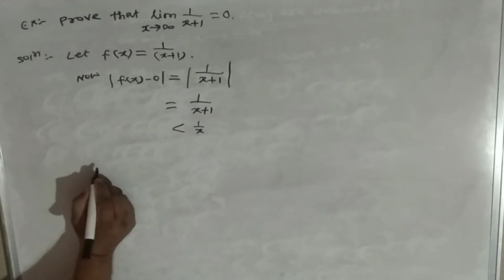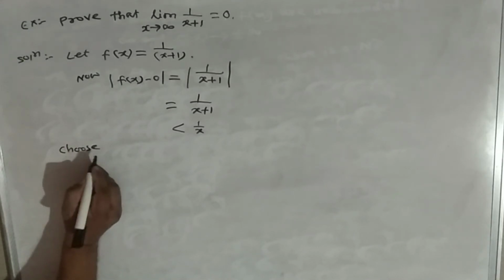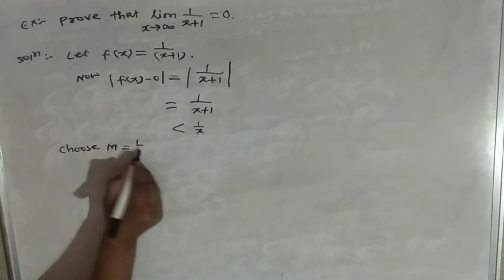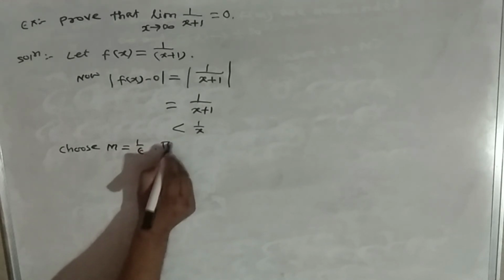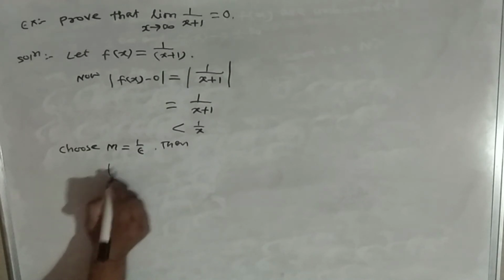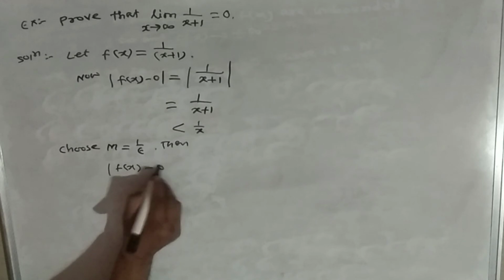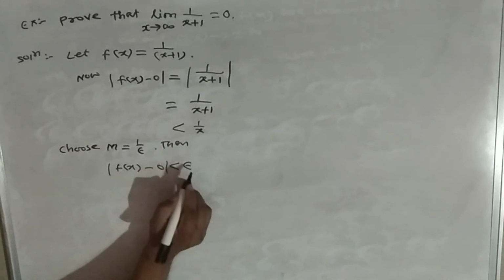Now we choose m equal to 1 upon epsilon, and then mod f of x minus 0 is strictly less than epsilon.